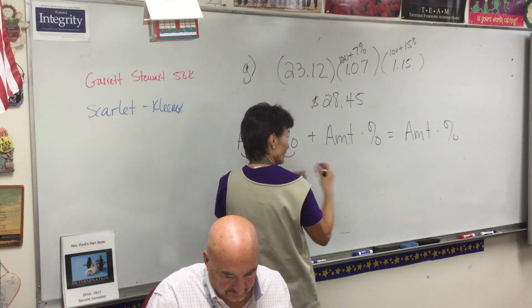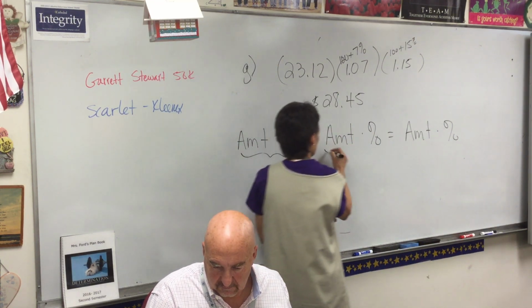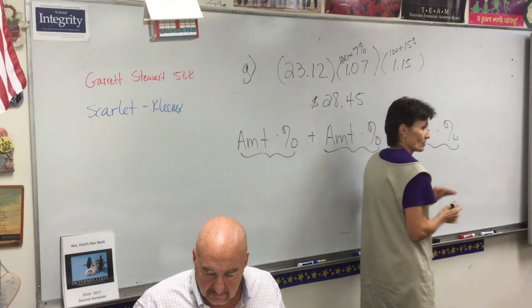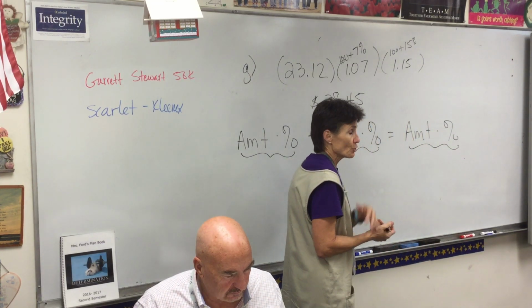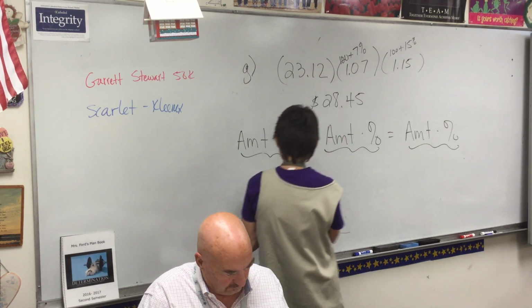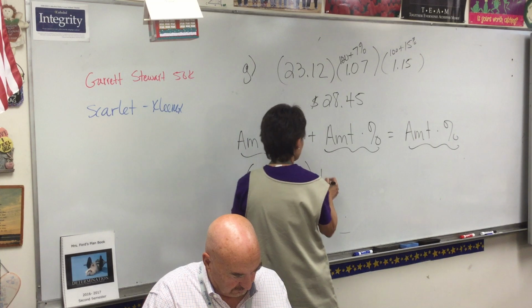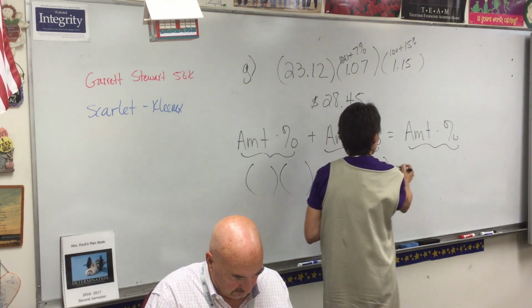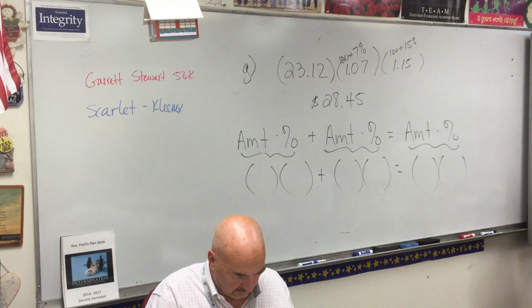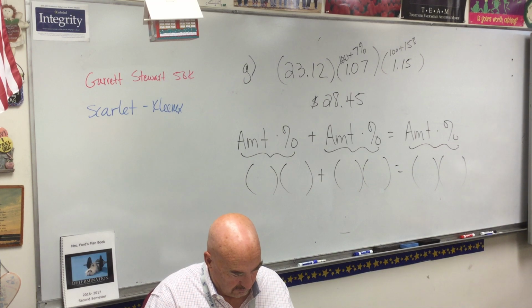So this is the first solution, this is the second solution, and then this is going to be the final solution. So every one of these problems, if you're only mixing 2 things, is going to consist of 6 numbers, 3 amounts, and 3 percentages. And almost all that information is right there in your problem.